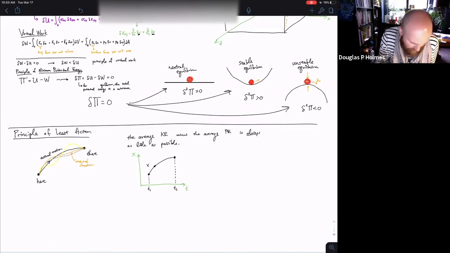which we can denote by x bar of t. And if we have this motion, then we can write down the kinetic energy.